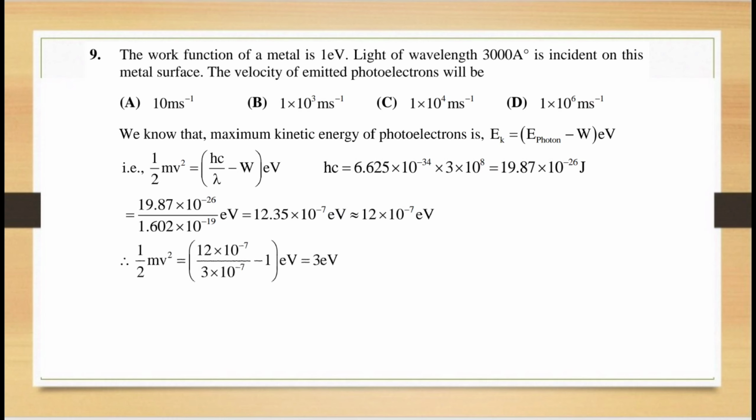Therefore half mv square equals 12 into 10 power minus 7 divided by wavelength, that is 3 into 10 power minus 7, minus 1 electron volts, which equals 3 electron volts approximately. Therefore v square equals 6 electron volt by m, which equals 6 into 1.6 into 10 power minus 19 by 9.1 into 10 power minus 31, which is approximately equal to 10 power 12. Therefore v is approximately equal to 10 power 6 meter per second. So option D is correct.